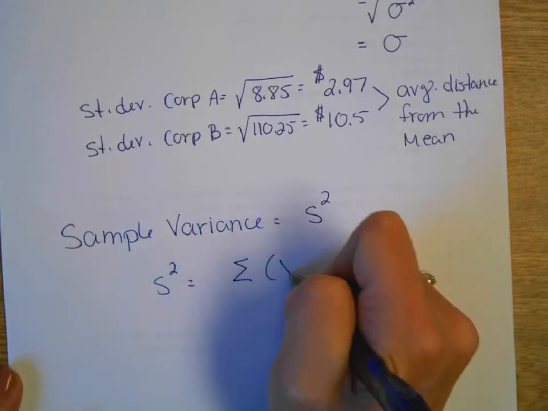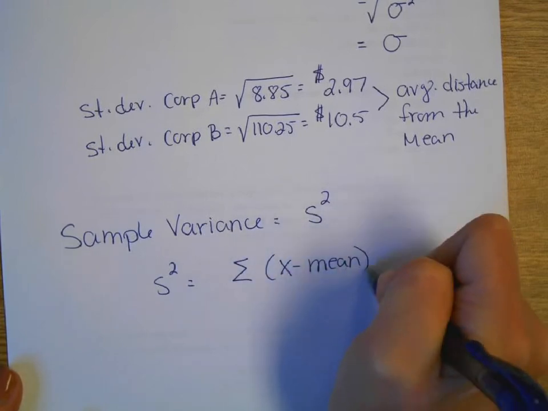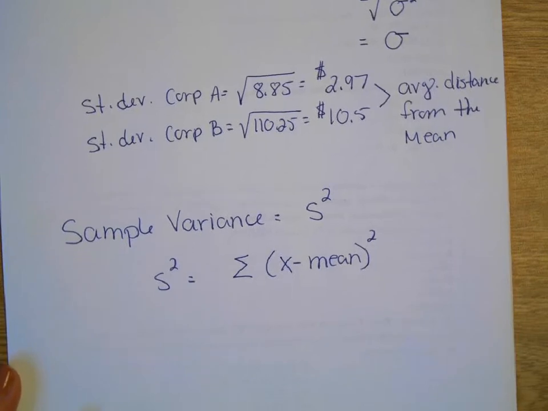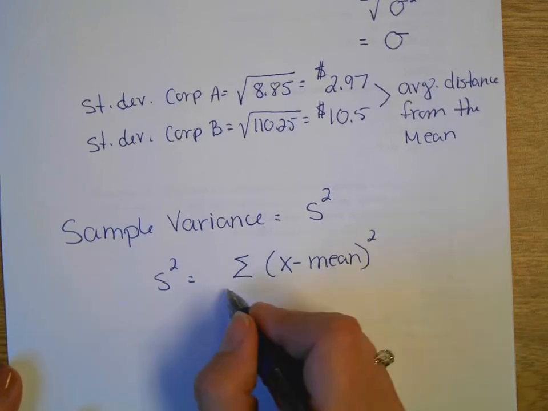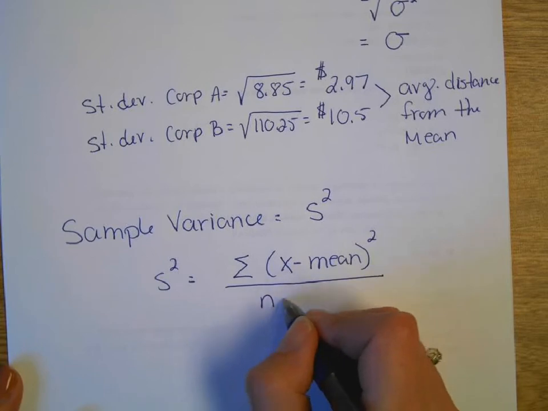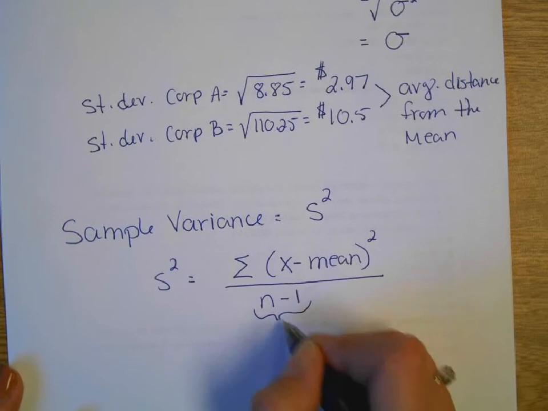Its formula is very similar to the population formula. You're going to add up all of the differences squared. The difference is right here. We don't divide by the sample size. We divide by the sample size minus 1. Why? I don't know.